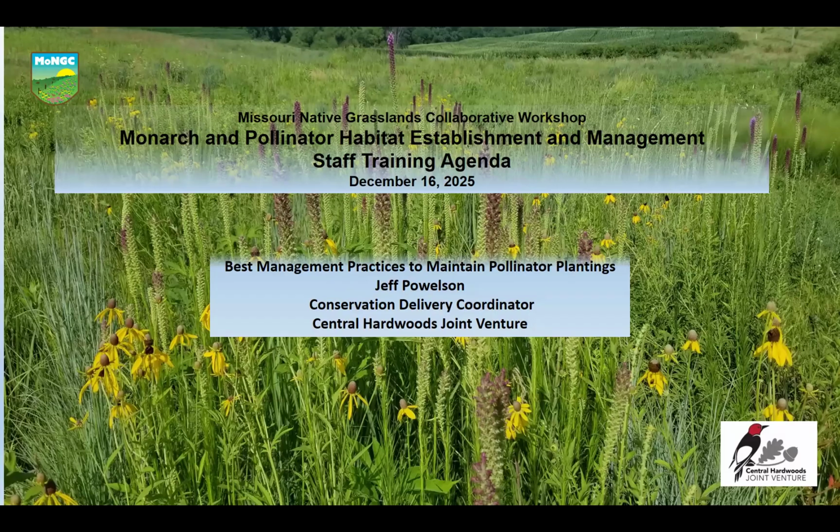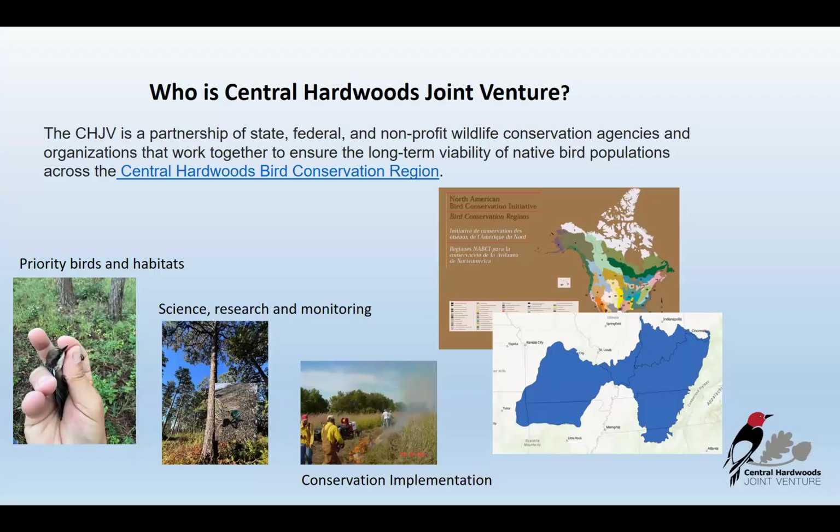And of course, folks might say, what in the world's a joint venture? Joint ventures were developed back in the late 80s from the U.S. Fish and Wildlife Service, the migratory waterfowl management plans off the bird conservation regions. There's 22 JVs in the U.S., but since then, these JVs have evolved into all-bird JVs. Our Central Hardwoods Joint Venture works with the forest and grassland conservation for birds and pollinators that are an important piece of that.